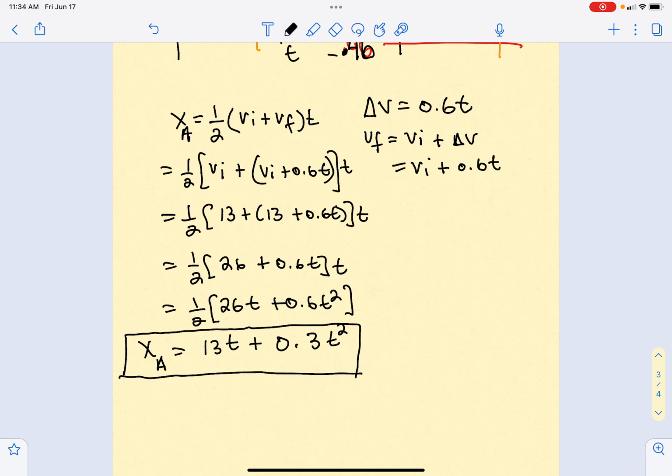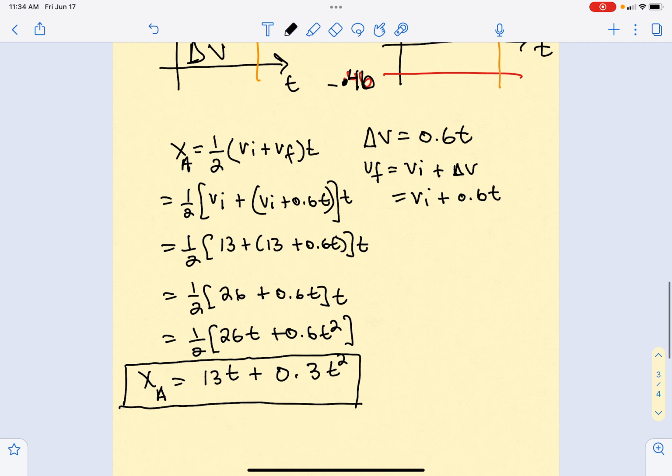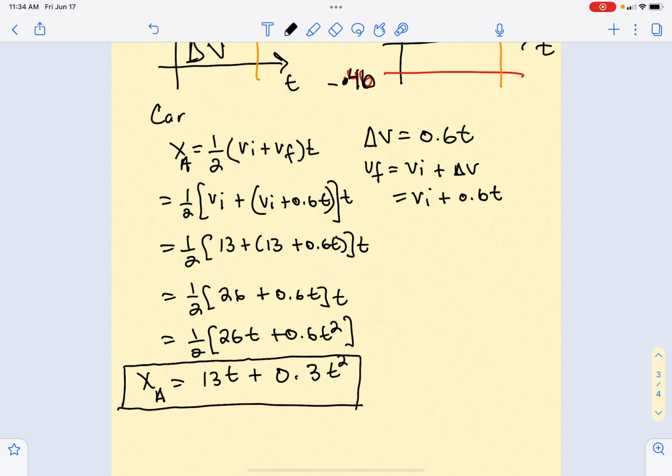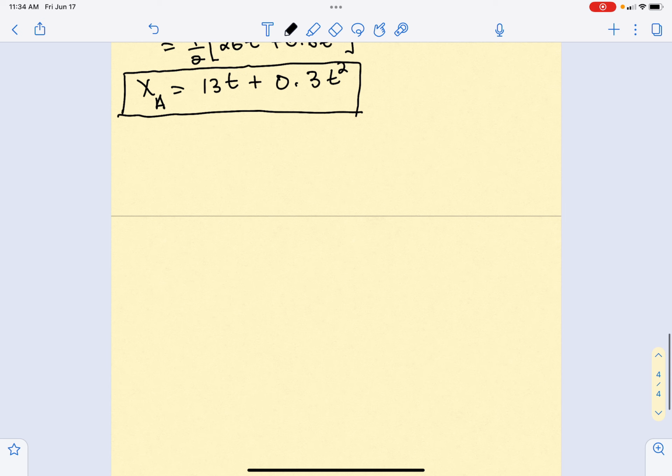Okay. Now we want to look at car B. So here is our car A analysis. Now I want to look at the car B analysis.